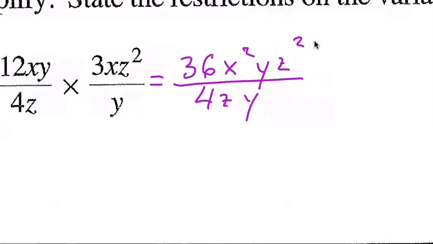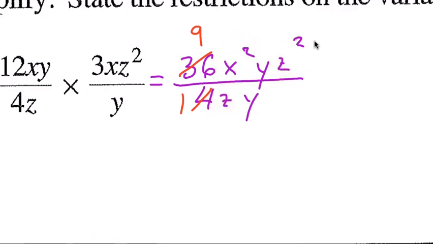Now I'm going to reduce top to bottom. 36 and 4 reduces to 9 over 1. There's no x squared in my denominator, so my x squared stays the same. There's no z in my numerator, so my z stays the same. Oh no, I have z over here. z squared and z.